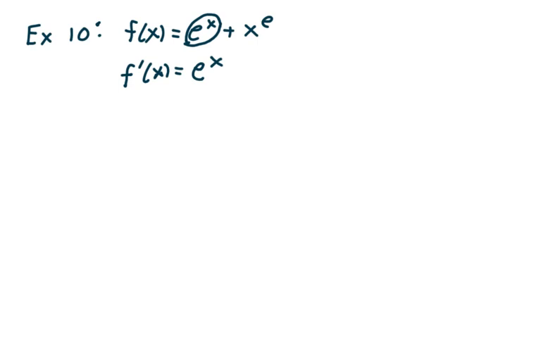Now remember, e is a number, so we're viewing this x to the e term just a little bit differently. So this is going to be e x raised to the e minus 1. So it's a little deceptive, and we just want to be careful and mindful of that type of problem.